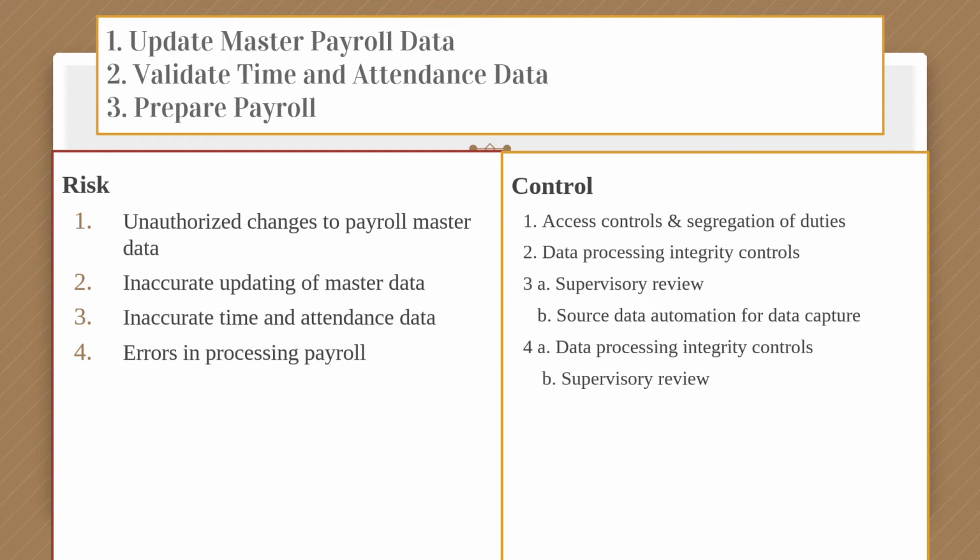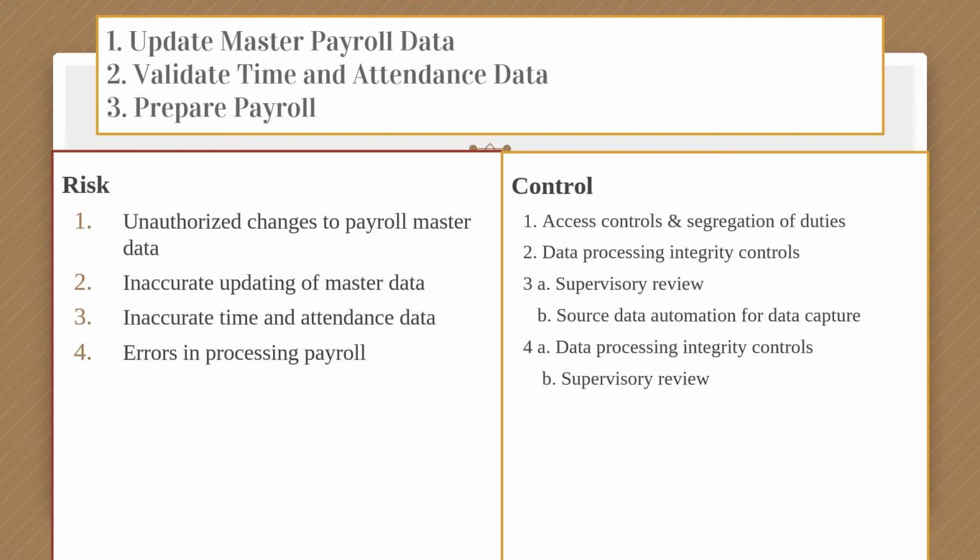For the first three activities: updating master payroll data, validating time and attendance data, and preparing the payroll, the risks are unauthorized changes to payroll master data, inaccurate updating of master data, inaccurate time and attendance data, and errors in processing payroll.